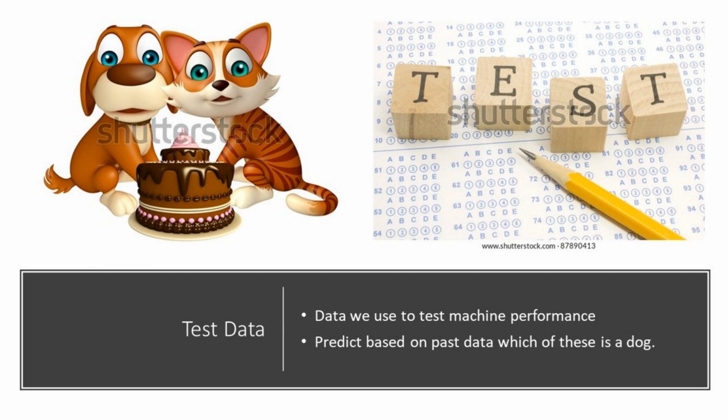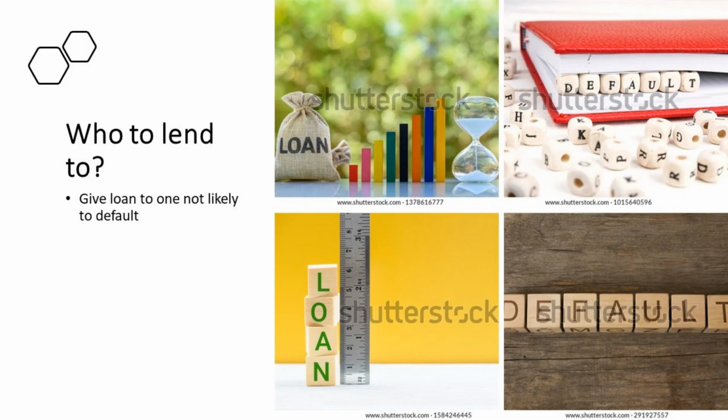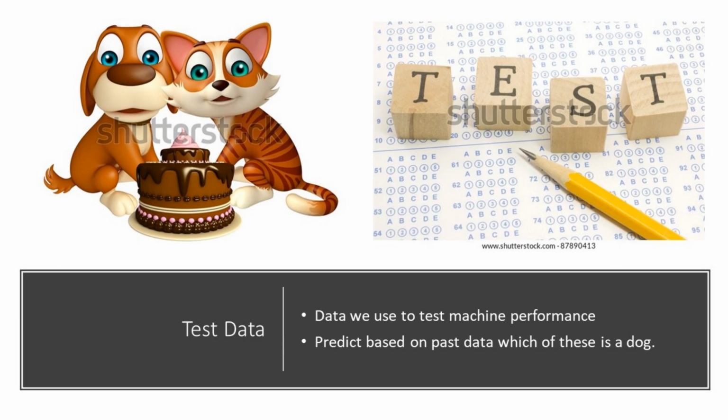So training data is the data on which you teach the machine how a model should be. In credit risk terms, you will teach the machine which type of people are likely to be defaulters and which types are not. You would expect the machine to understand the differences, and then you would be testing the machine once you are able to train it. And how will you do that?